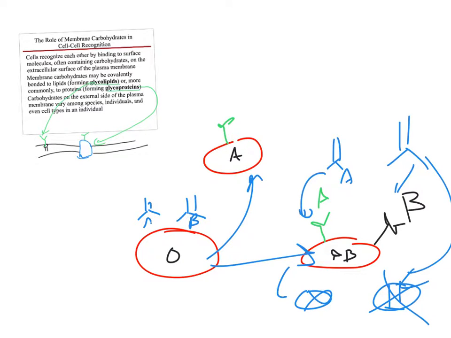Positive is the Rh factor. So O positive means you are O-type blood, positive for Rh. O negative, you're O-type blood, negative for Rh. Rh is another carbohydrate that's there.